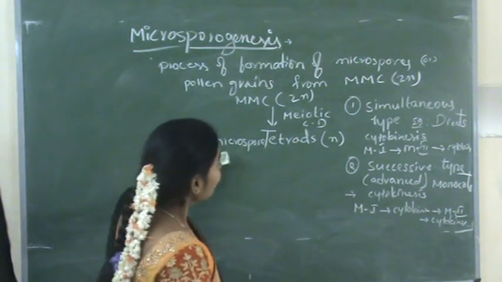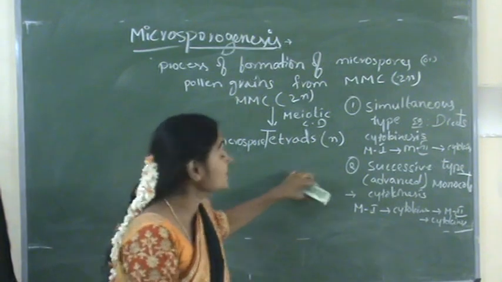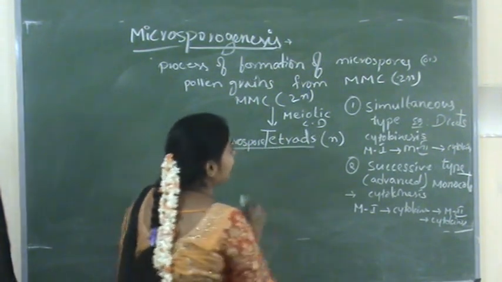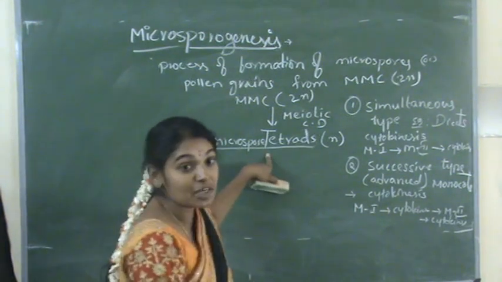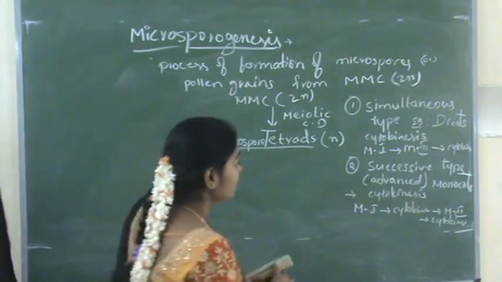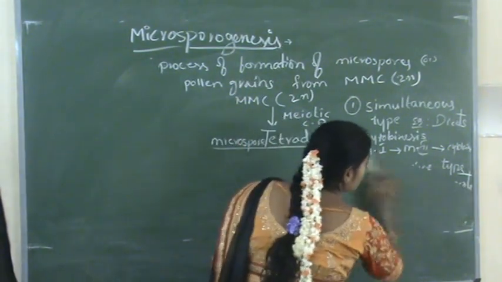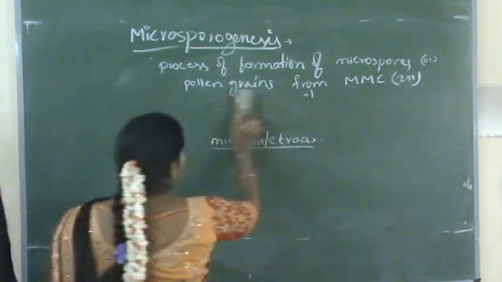After the meiotic division completes, microspore tetrads are formed, and the types of tetrads are different in different families or plants. We'll see the types of tetrads.